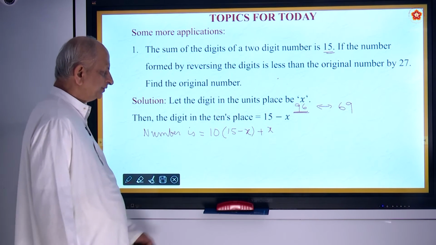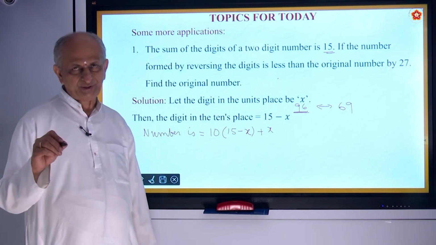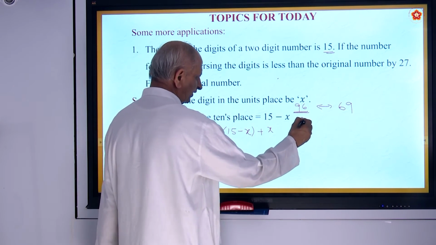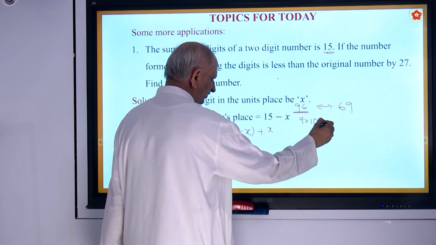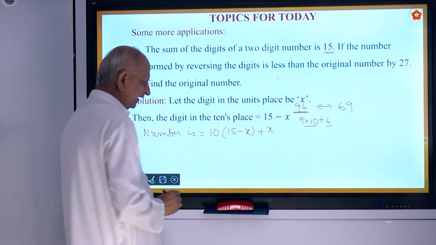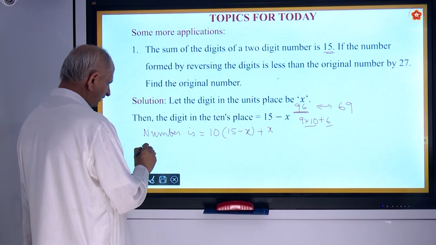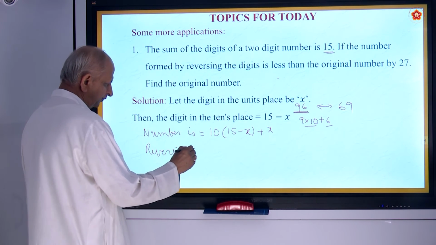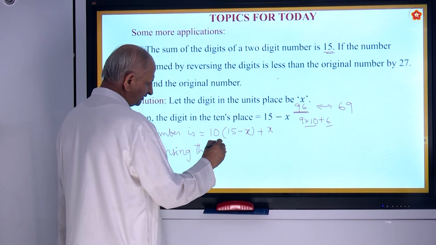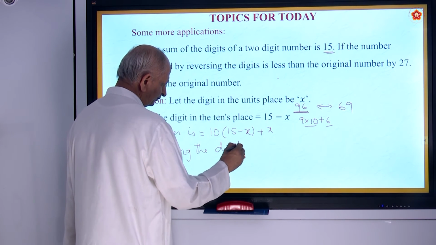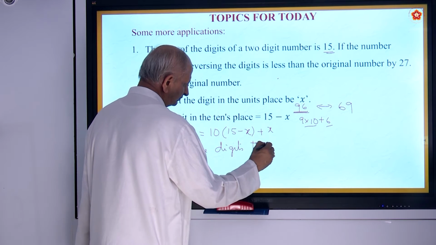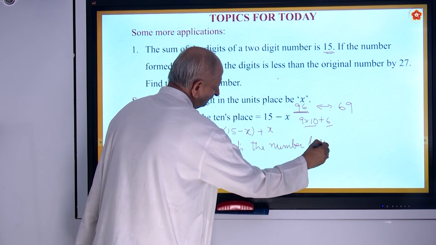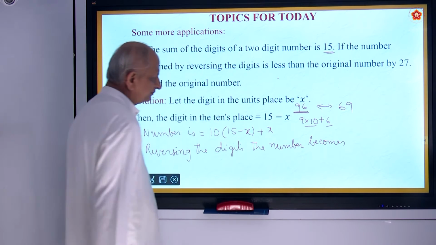Correct? See 96 means 9 into 10 plus 6. This is 9 into 10 plus 6. 6 is called units place. This is called tens place. So, reversing digits, the number becomes, see here.